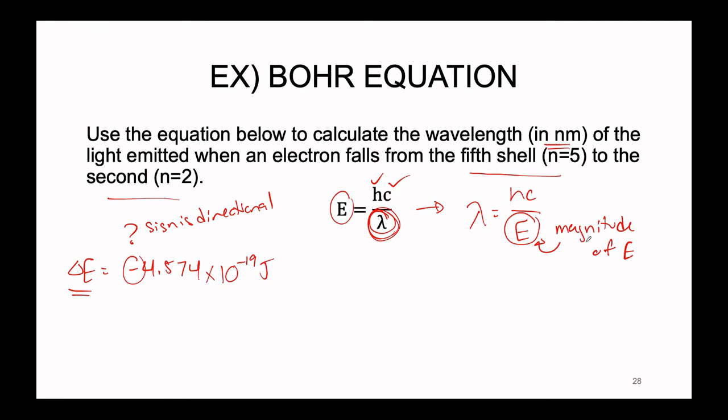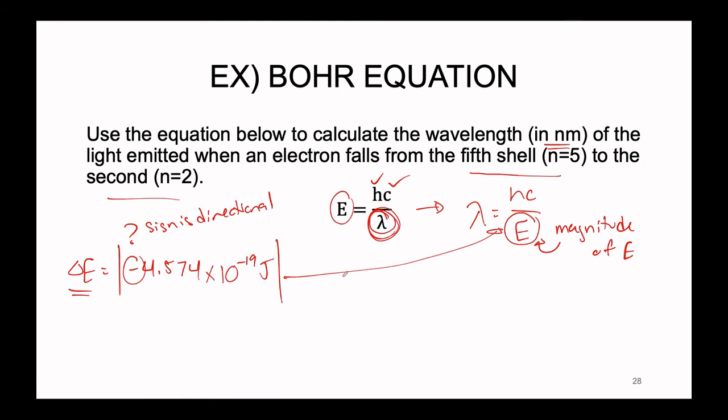It's an absolute magnitude. So we can take the absolute value of our energy and insert that in for the energy in our equation here to solve for wavelength. In other words, we can drop the negative sign. I'm using fancy math terms to describe what is, at the end of the day, just us dropping the sign, because when it comes to solving this new problem, the sign doesn't matter.